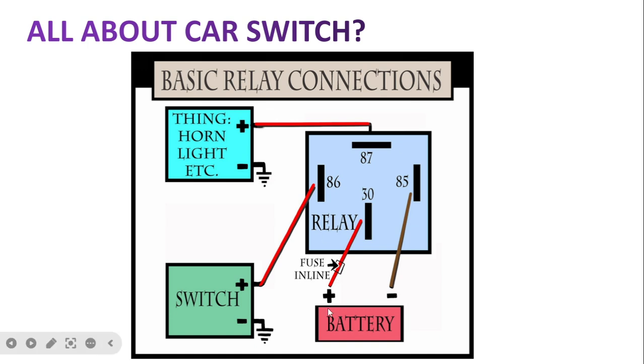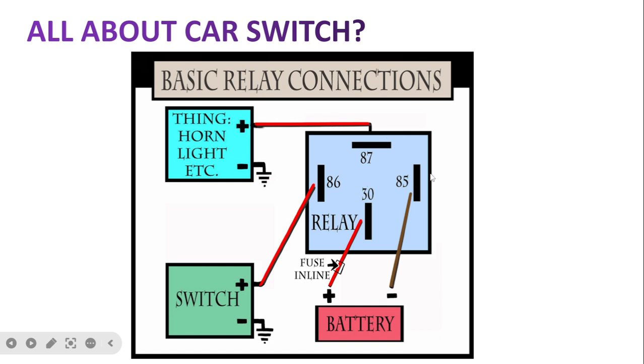The fuse is mostly installed on the battery positive terminal side, and it is connected to terminal 30 of the relay. Then 30 to 87 goes to things like the horn or lights or different features of the car.